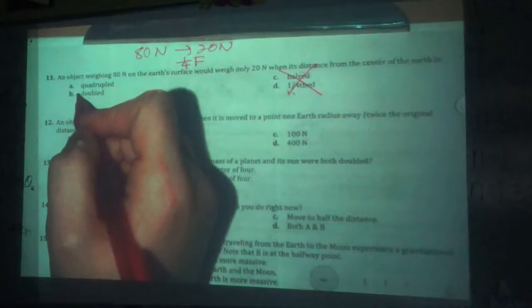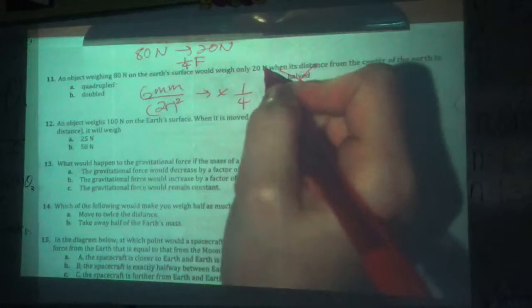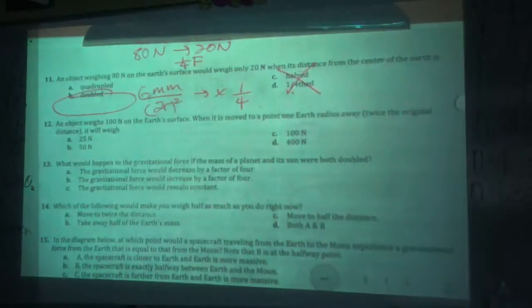Quadrupling the distance doesn't make sense either, because if I were to plug in 4 squared, that would actually be 1/16 of the force. So I'm going to use double like this, and then just double check. That would give me 1/4 the force. If it was 80, 1/4 of that would be 20. Yeah, doubling the distance checks out.